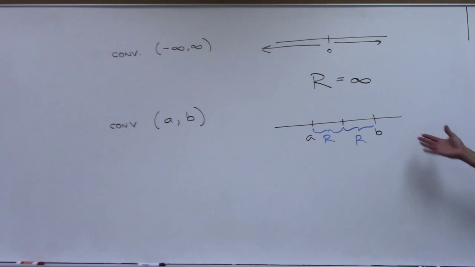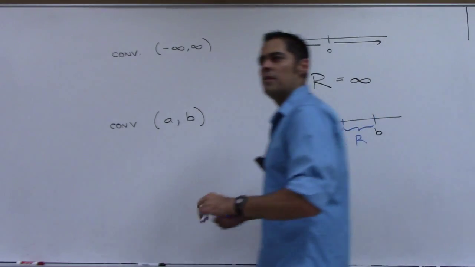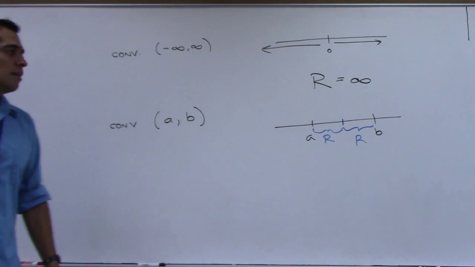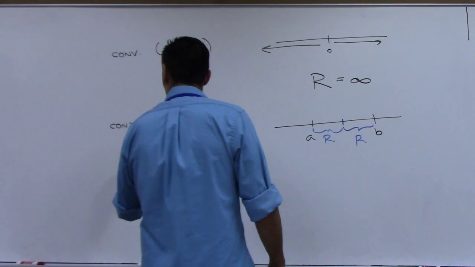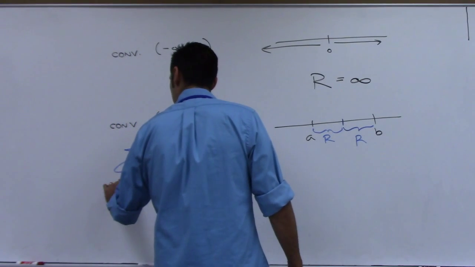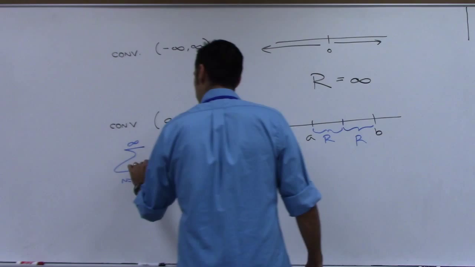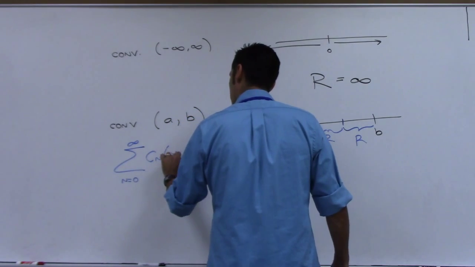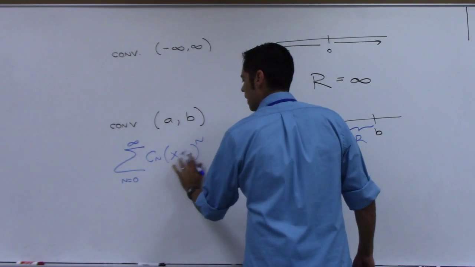You could try and figure it out, but let me show you the easiest way to find it. When you're working through your power series, that's supposed to be x minus a to the n.